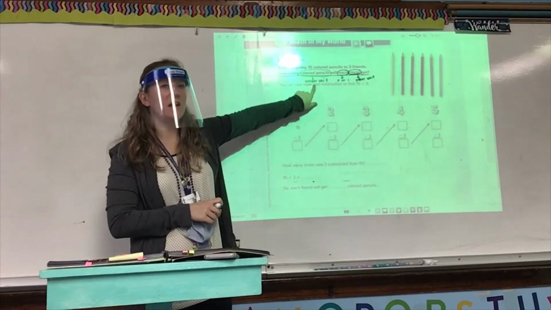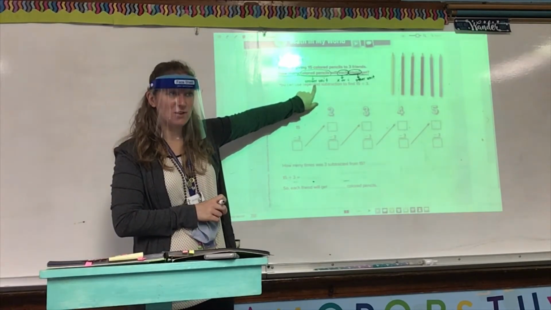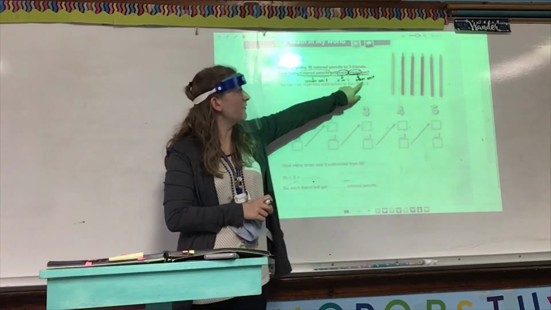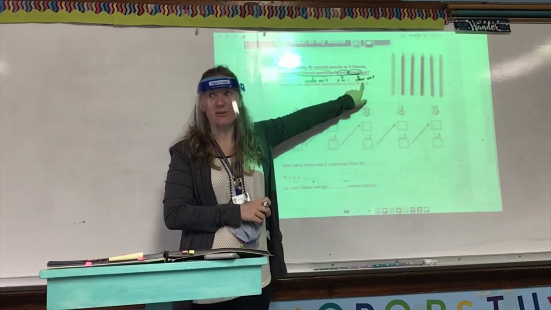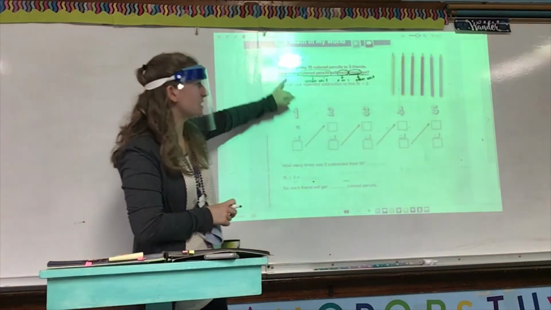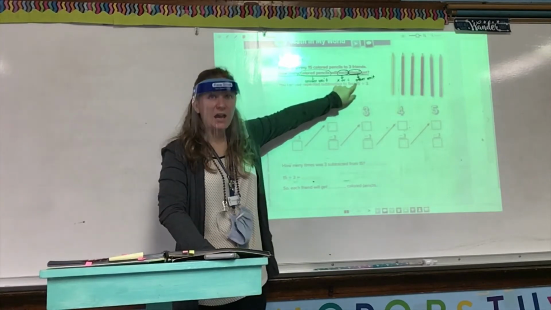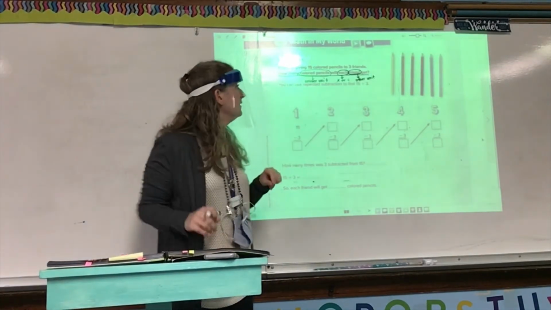Whatever comes after how many is a unit in the problem and the unit for the answer. Whatever comes after each is the other unit. That means that's the other number. So let's reread the problem and find a number that represents colored pencils and a number that represents friends.